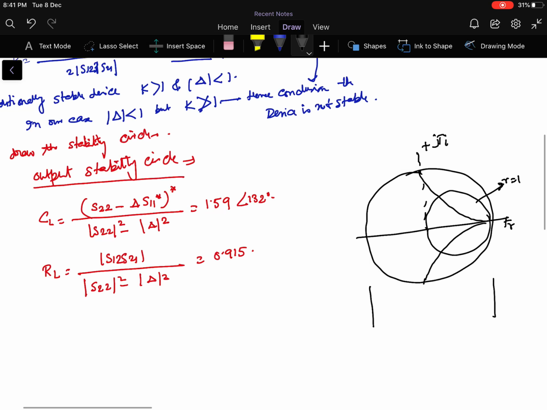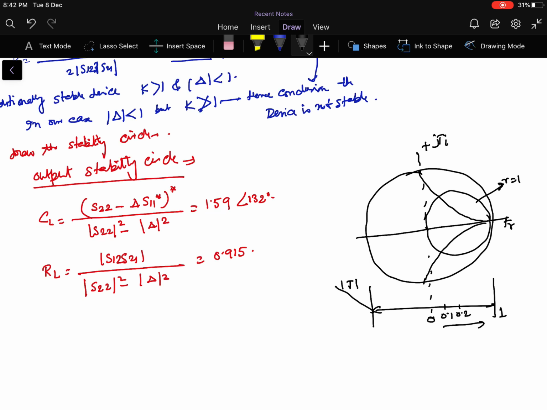In the Z Smith chart there is a coordinate marking reflection coefficient mod tau, with values 0.1, 0.2, increasing up to 1. Now I have to find the complex value 1.59 angle 132 degrees in the Smith chart. The Smith chart inside has magnitude 1, so I have to go up to 1.59.